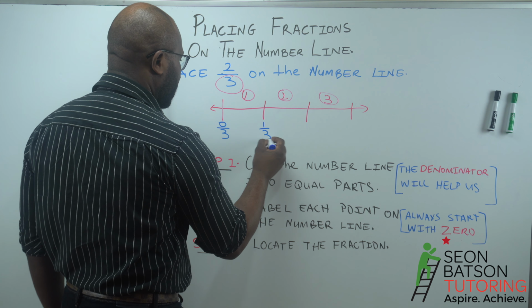Now I'm going to put a fraction right here, and we're going to label this point H. Let me see which of you can tell me what fraction is located at point H. I'm going to give you 15 seconds to try and figure it out. Here's a clue. Remember, the denominator is your best friend. So you can use your denominator to help you find a fraction. That's all I'm going to say.